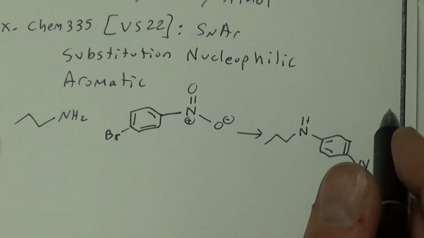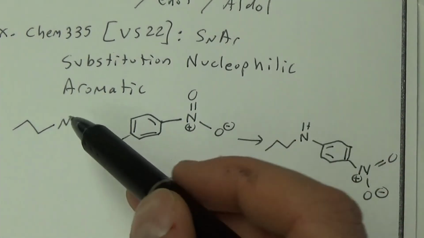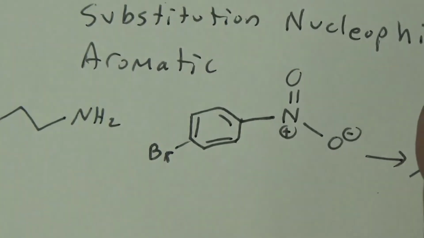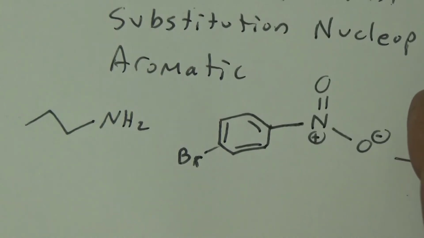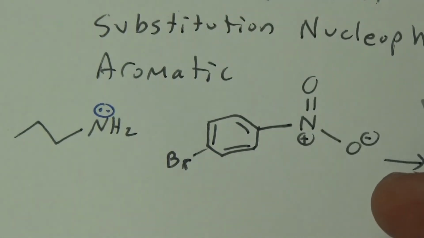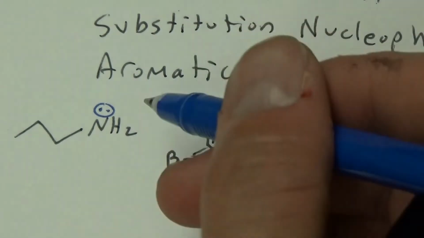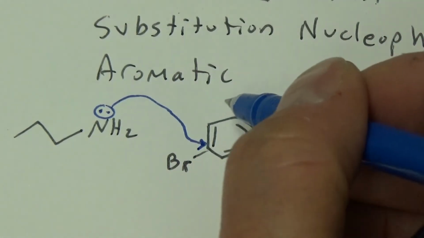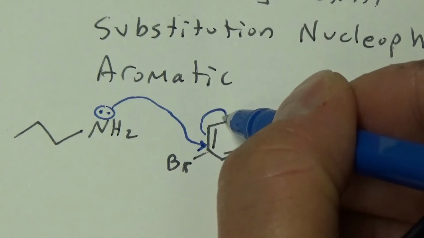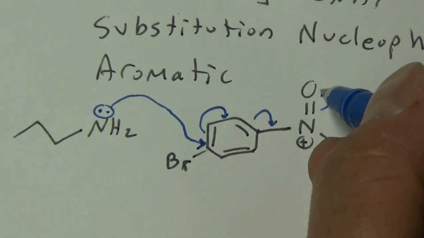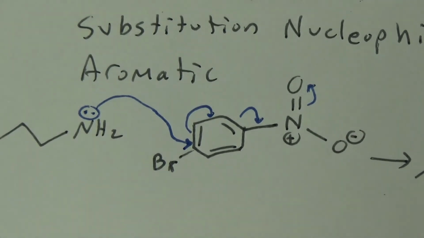Again, you might think nitrogen just attacks and kicks off the Br, but it's not exactly what happens. What actually happens is it does attack, but the nitro has to play a part, because without the nitro it doesn't work. Prozac has that CF3, and that's going to have the effect of the nitro. So it attacks, and then pushes all the way onto the nitrogen of the nitro.